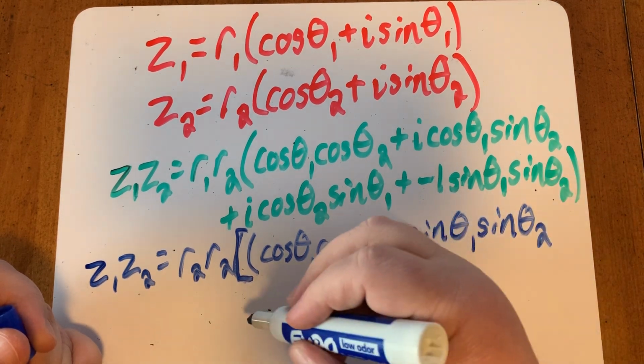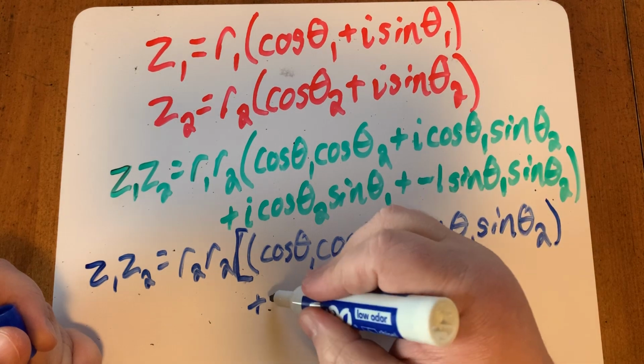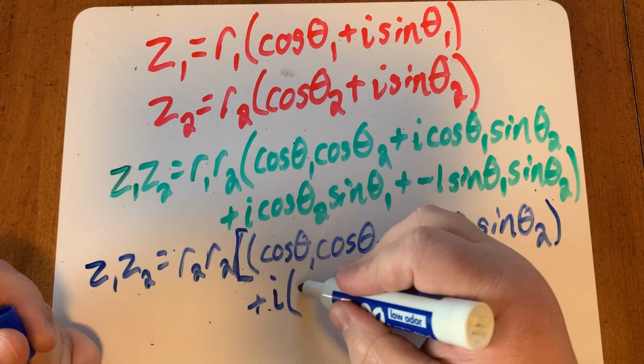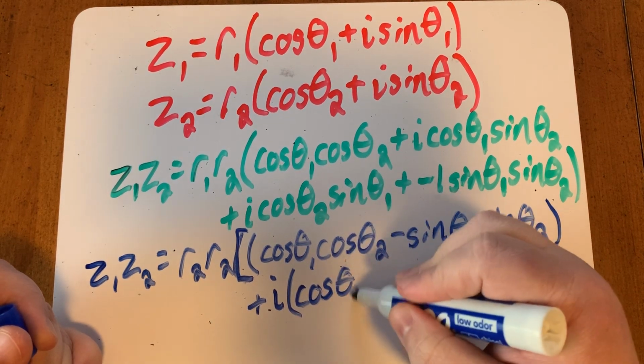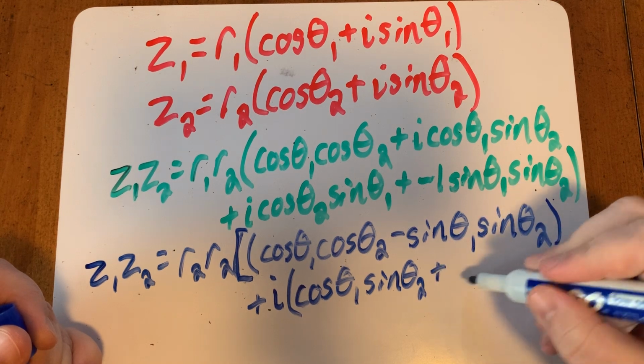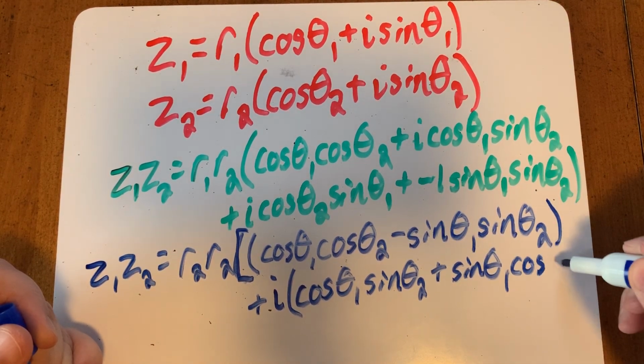That looks pretty familiar. And the other ones both have the i in common, so I'm just going to factor it out. Then we have cosine theta 1, sine of theta 2, plus sine of theta 1, cosine theta 2.